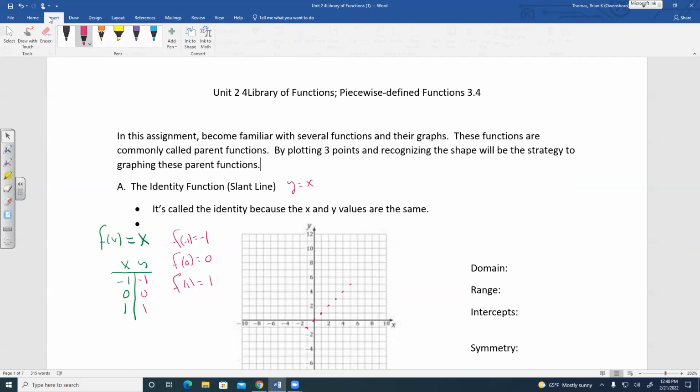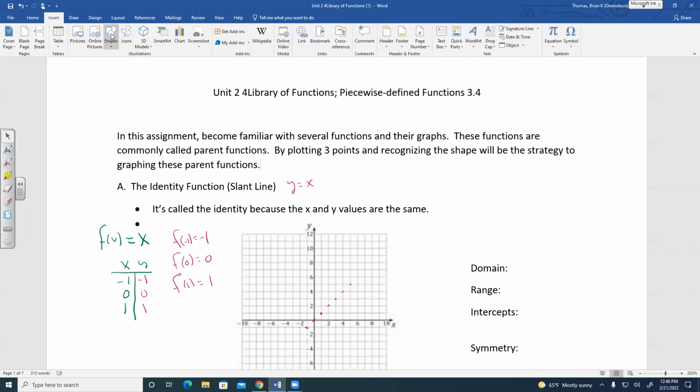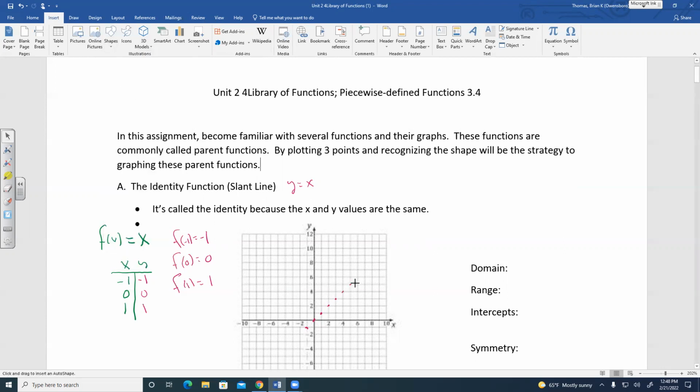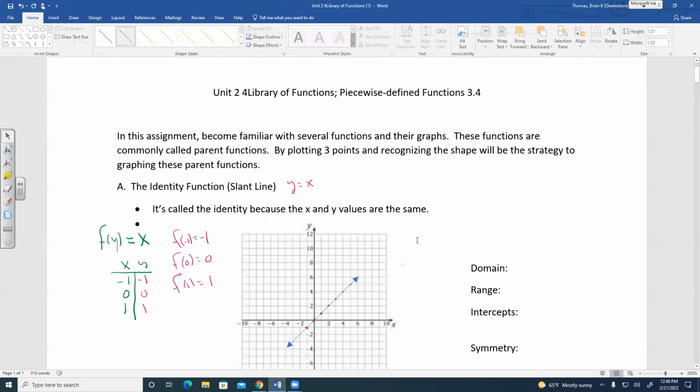So if I want to try to graph this, see if I can make a sketch of it. It should just be a line that passes through those points. So that's what the graph kind of takes on.